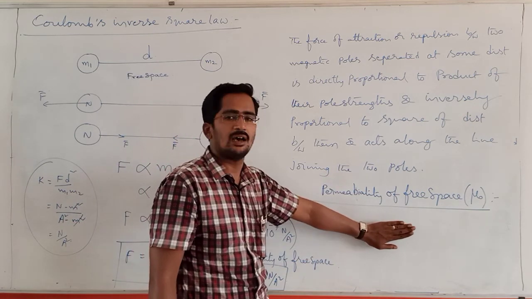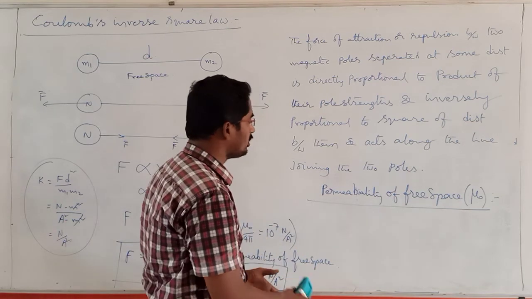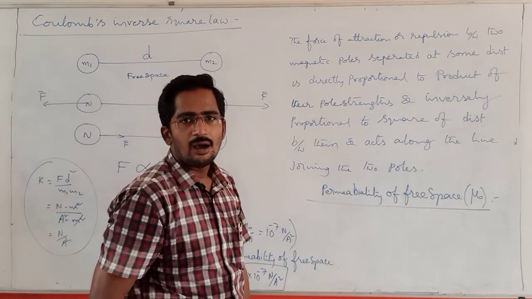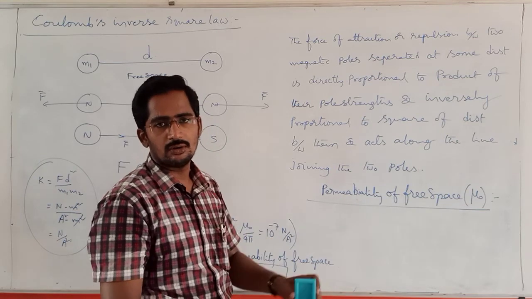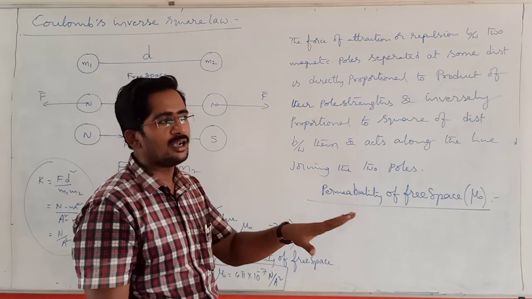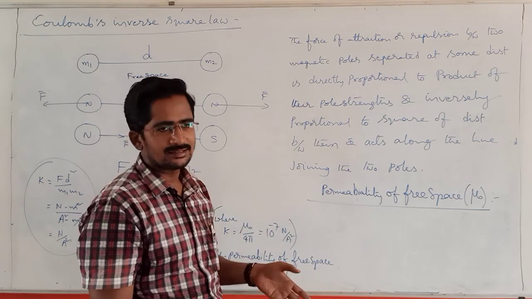That is the definition. So permeability of free space means how far free space gives permission for magnetic lines to pass through it.